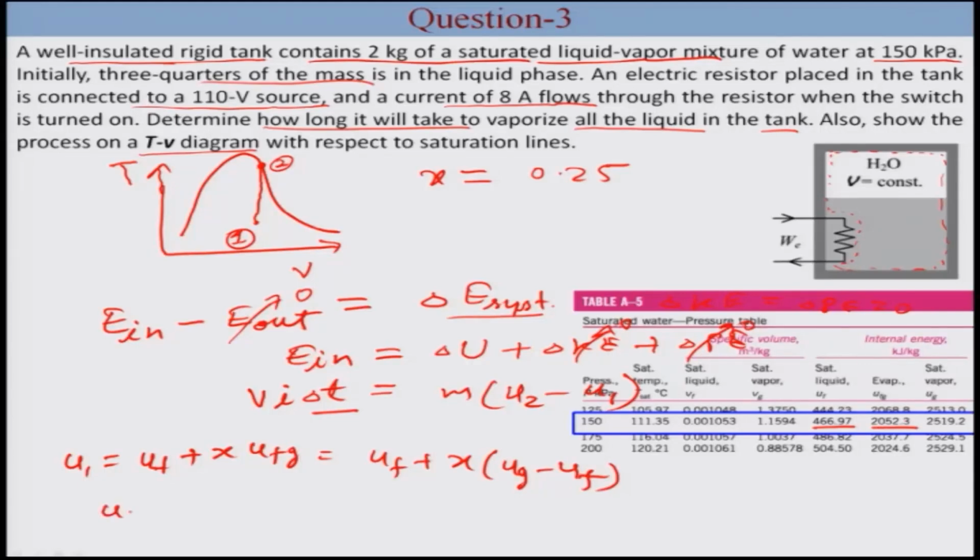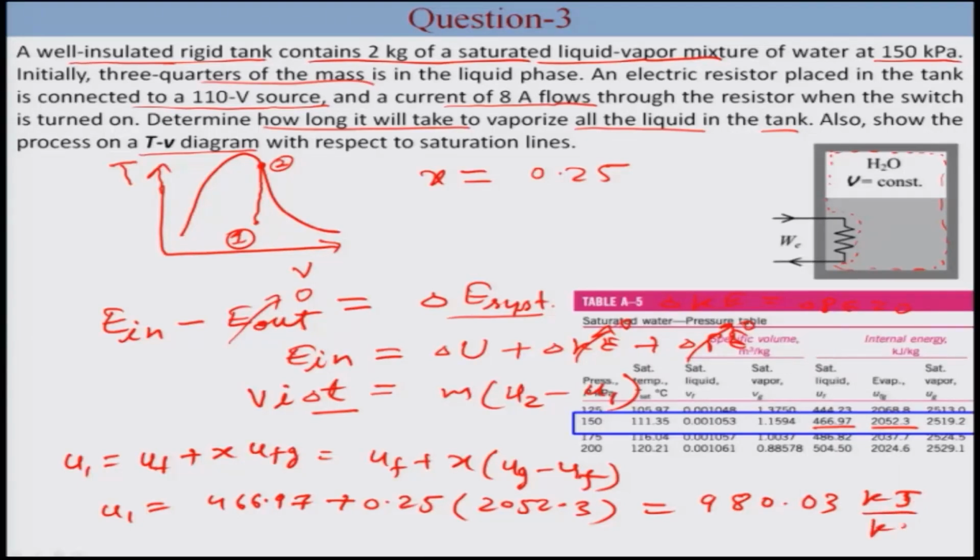So u1 will be 466.97 plus quality, which is given as 0.25, times ufg, which is 2052.3. So this gives us 980.03 kilojoule per kg.